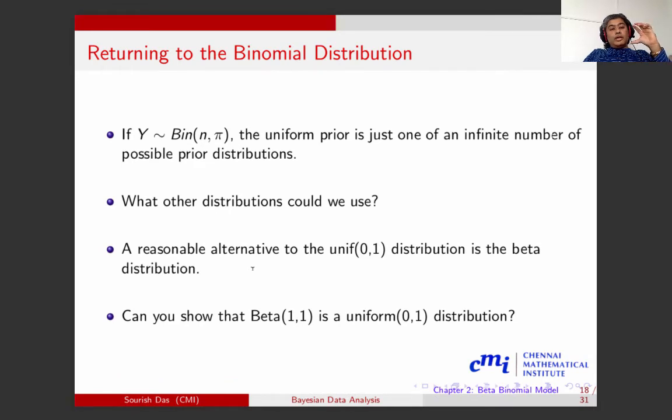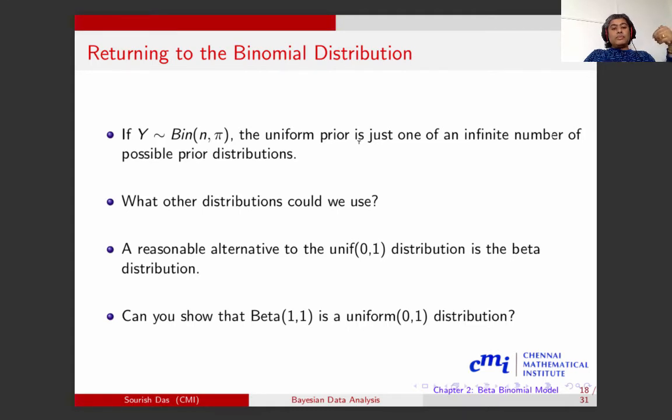Let's return to the binomial distribution example. If y follows binomial n, pi, the uniform prior is just one of infinitely many possible prior distributions. What other distribution could we use?